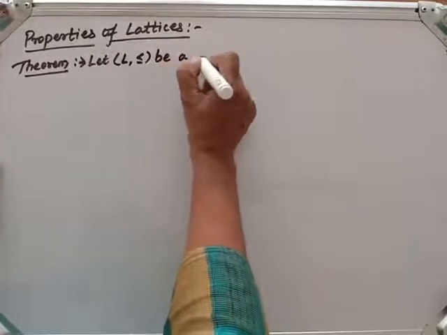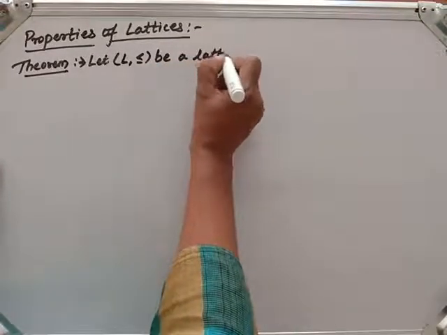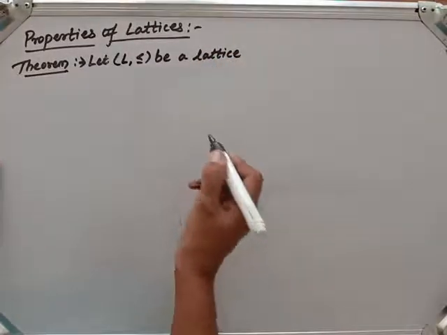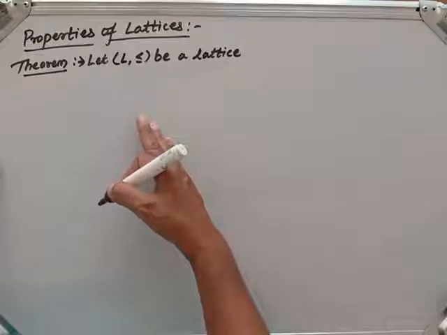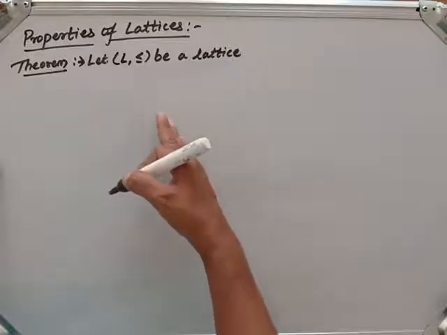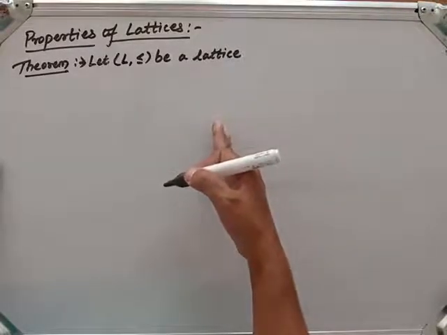Let L with less-equal be a lattice. If it is a lattice, it is a poset, and every pair of elements in it has a least upper bound as well as a greatest lower bound.